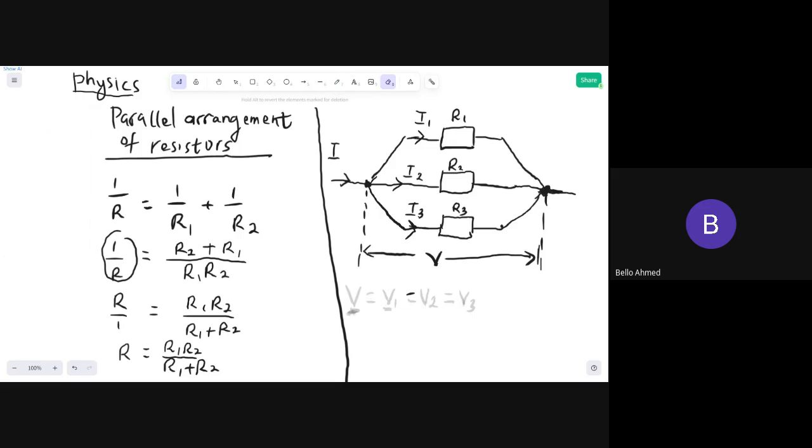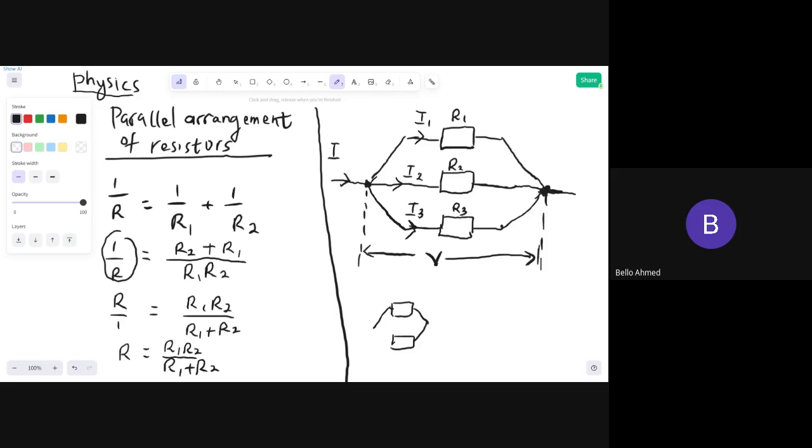Now, a quick example: let's say you have two resistors connected like this, in such a way that this is 2 ohms and this is 3 ohms.